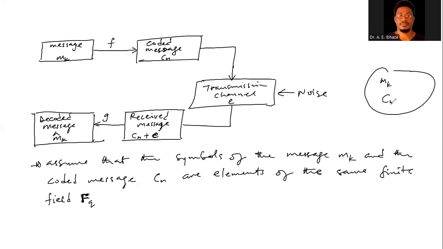Coding from this perspective implies that we can encode a block of K message symbols. Say, now, what does coding tell us?